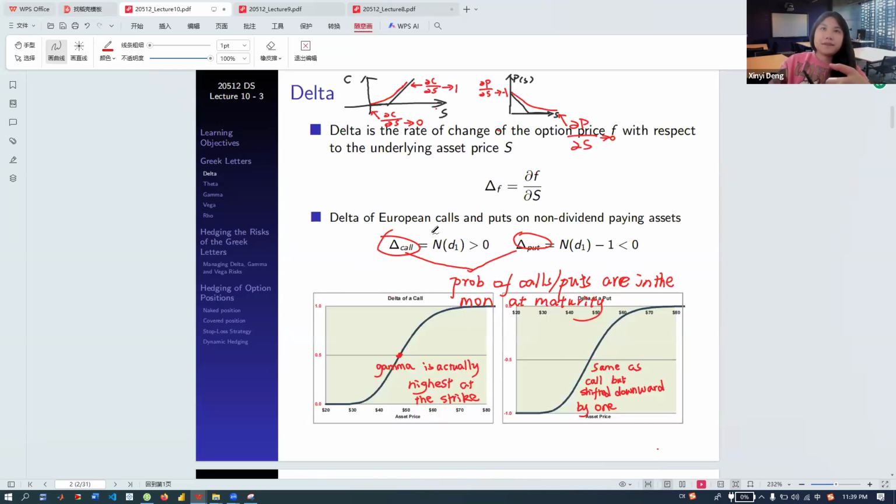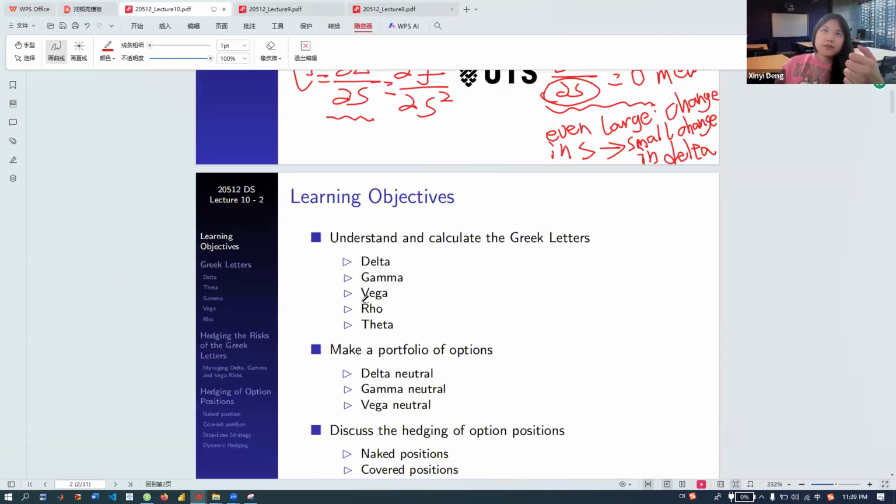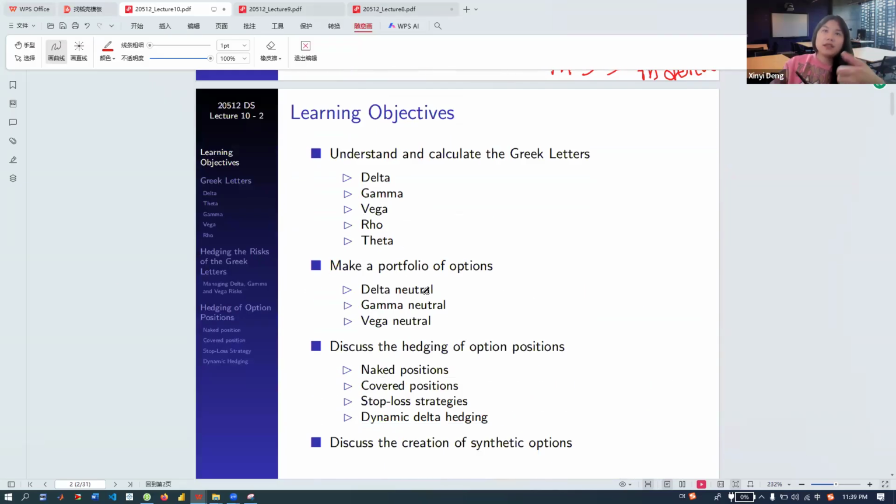Delta, as I said, is just a first order derivative with respect to the underlying price. And gamma is just a derivative of delta with respect to S.